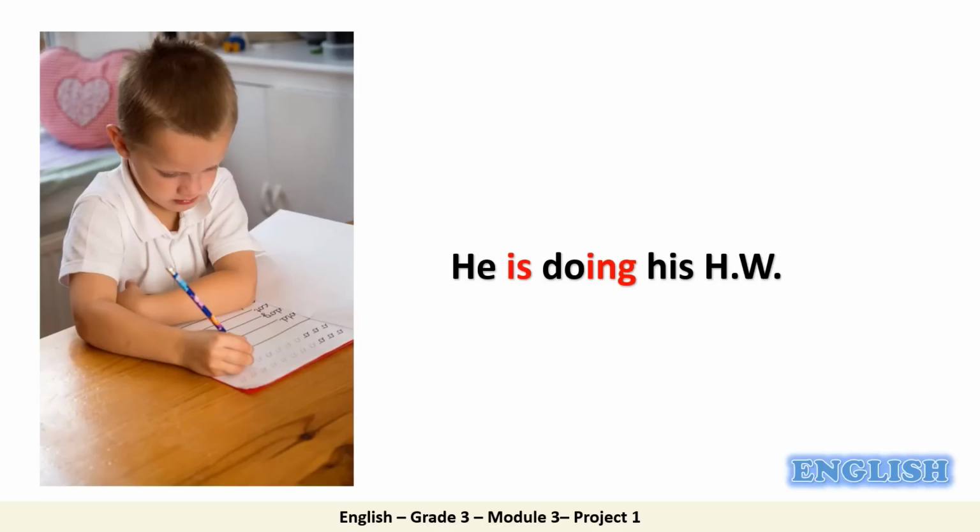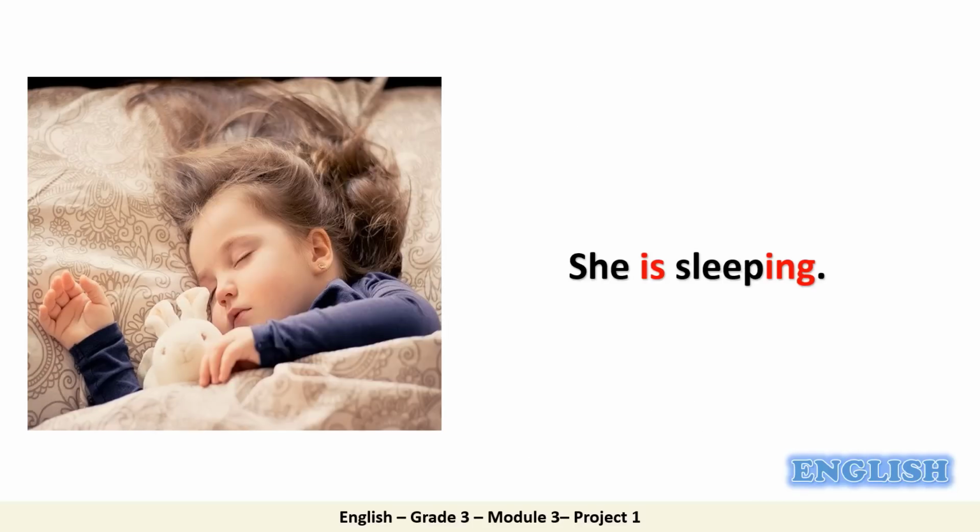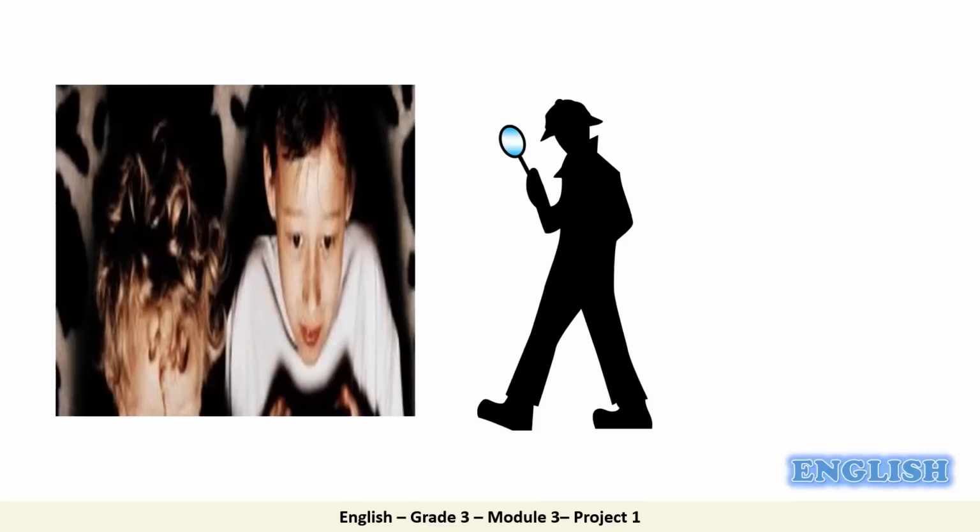Now let's move to the second picture. Look closely and tell me, what do you think is happening here? Excellent. She is sleeping. And now let's move to a more challenging one.